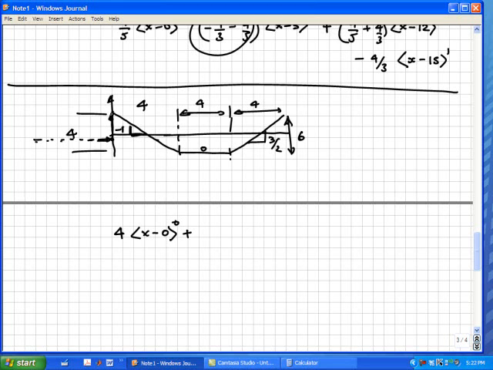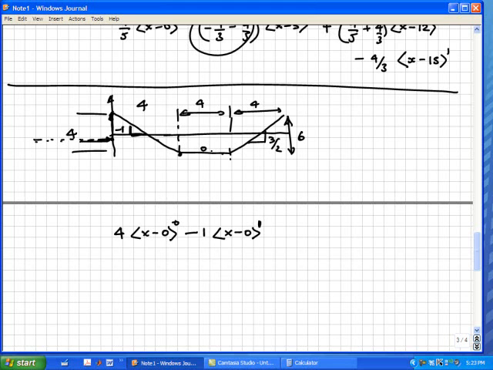I also have a jump in slope. Not only a value, but jump in slope. Can you see that? My slope goes from 0 to -1. So I have -1 times x minus 0 to the, sorry, to the 1. So that's my line that goes down like this. I come up here at x equal to 4 and I say, there's no jump in value, but a jump in slope.